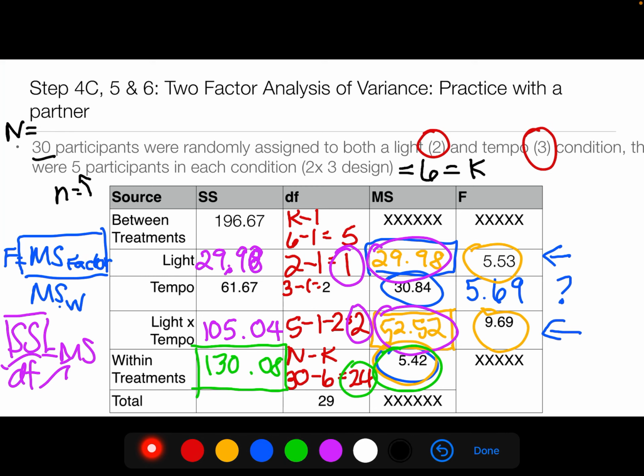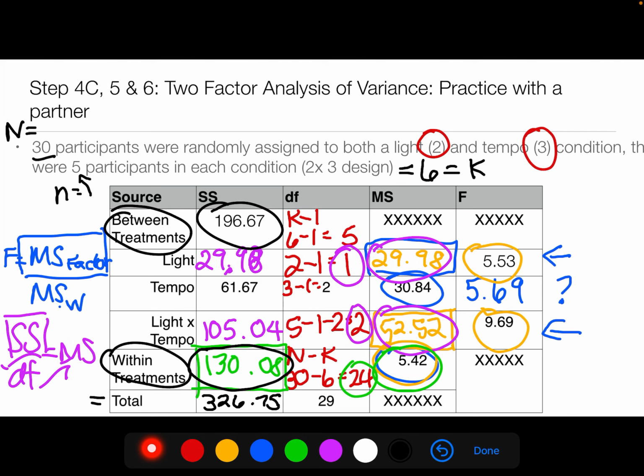Remember, our between treatments plus our within treatments is equal to our total. So I'll just add this 196.67 plus this 130.08 together, and I get 326.75. So that's how we finish that ANOVA source table.